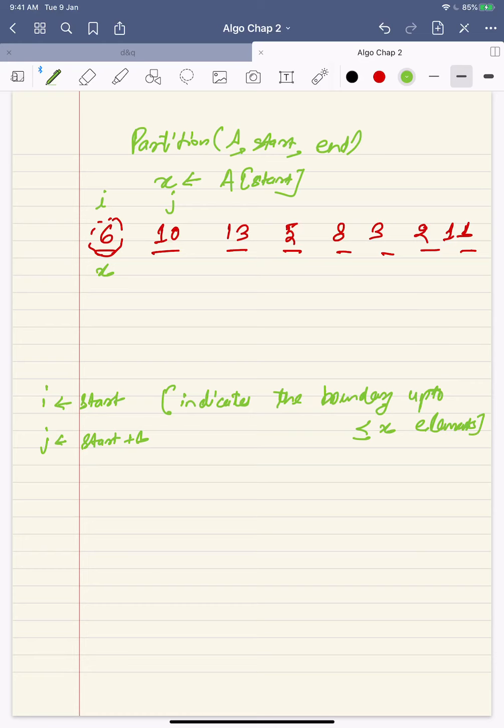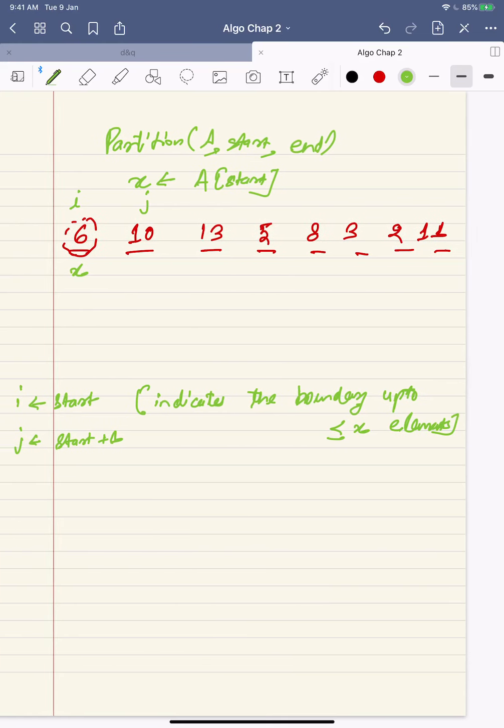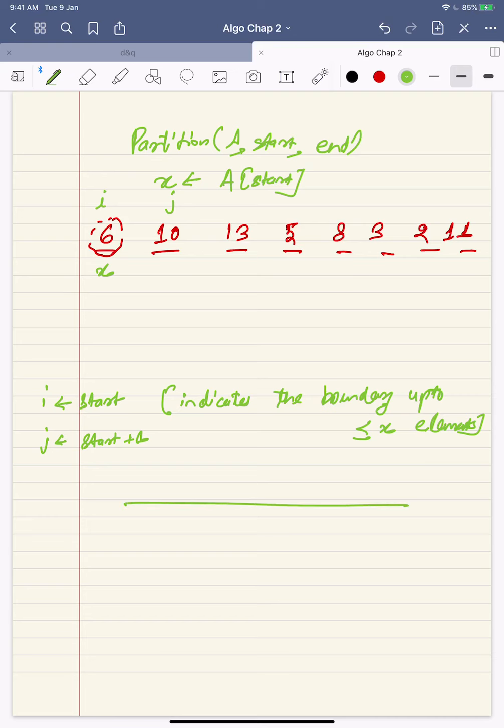So generally in the array, the first thing will be x, and up to some place, all the values will be less than or equal to x. That's where you'll put your I. And similarly, j will mark the boundary after I: from I up to j, all the elements will be greater than x. And to the right of j, all of these are unprocessed.